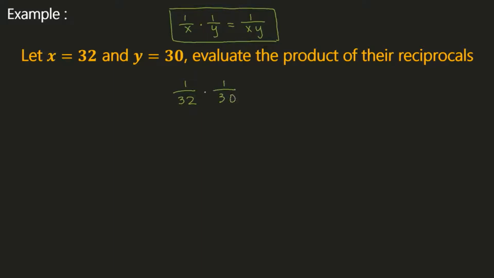And we want to get the product of these two. Okay. So we know that from this property here, this is equal to 1 over the product of 32 and 30. And this whole thing gives us 1 over 960. Okay.